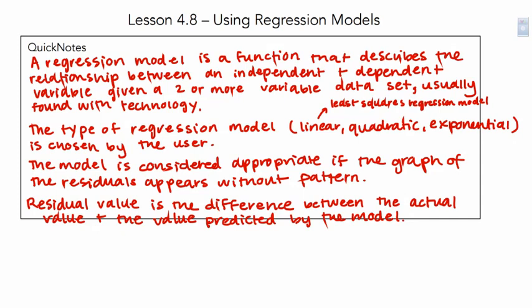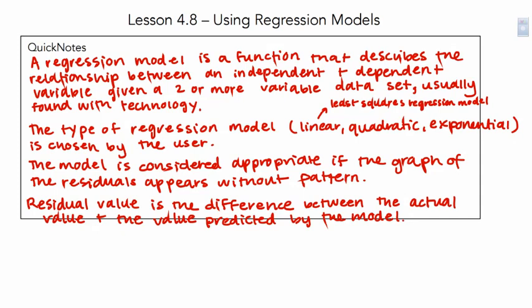So if your residual graph doesn't have any kind of pattern to it, that means that you don't have a set amount of error that is increasing or decreasing or changing in a set way. Therefore, if the residual value graph has no pattern to it, then you're predicting it pretty well.